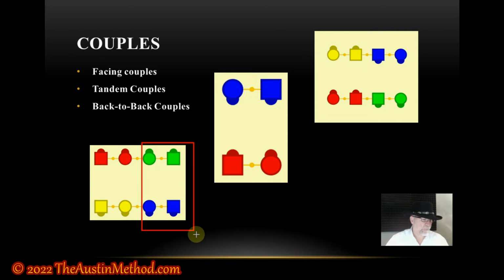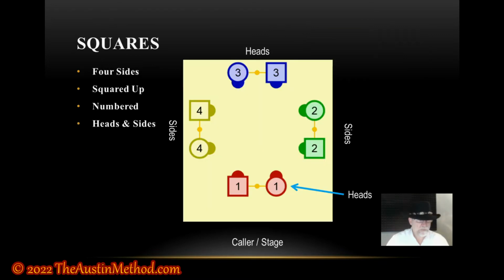Notice that they are also half sashayed. And here we have tandem couples, where one couple is following another couple. So we have back-to-back couples, facing couples, and tandem couples.